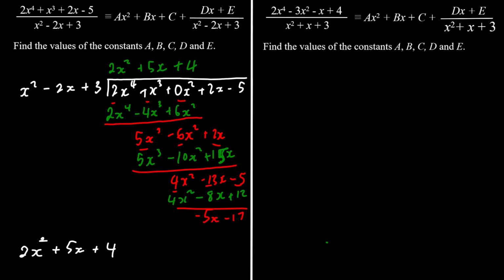So I'll write a minus, and I can write 5x plus 17 over x squared minus 2x plus 3. It would be absolutely fine to write a plus here and then have these both as negative. It's the same thing. One for you to try. Pause the video, give it a go.